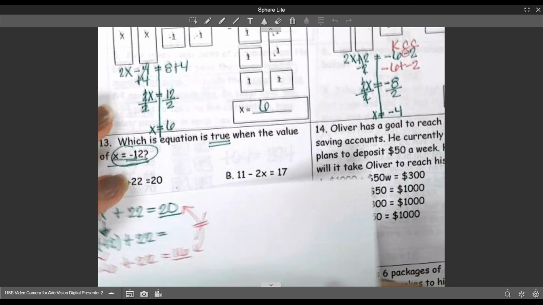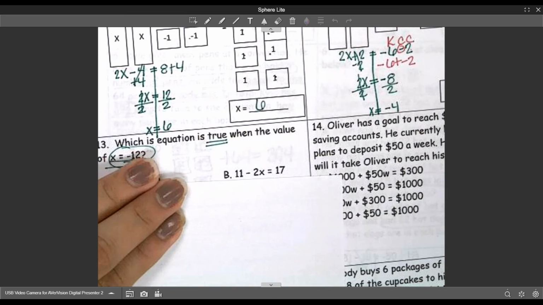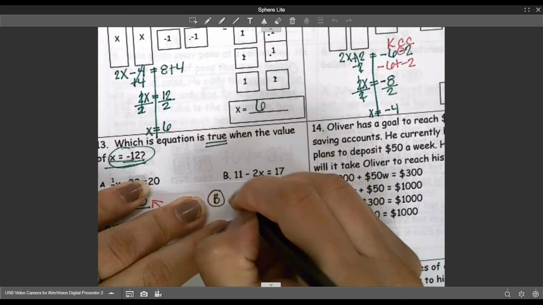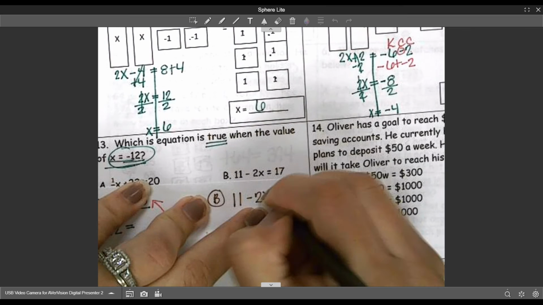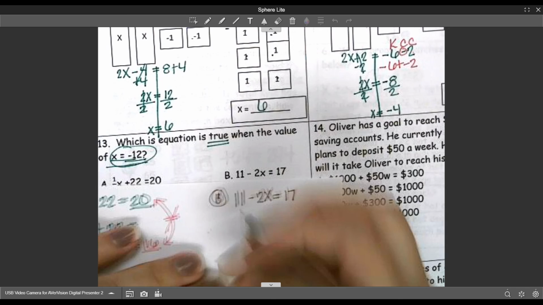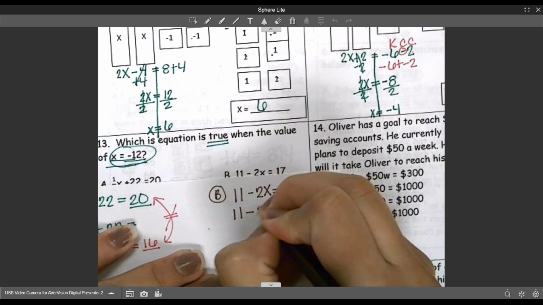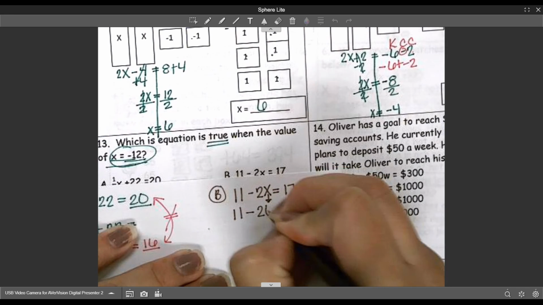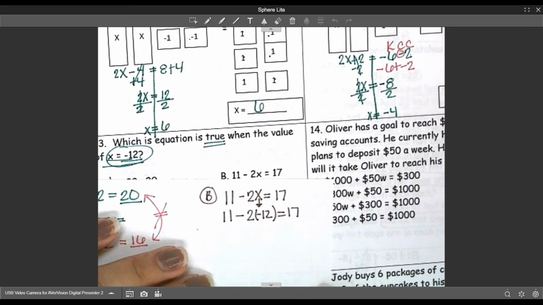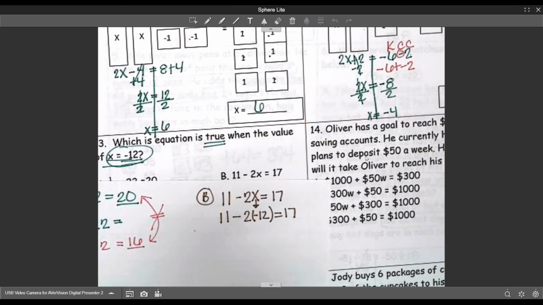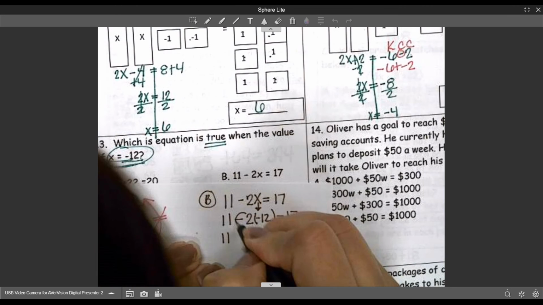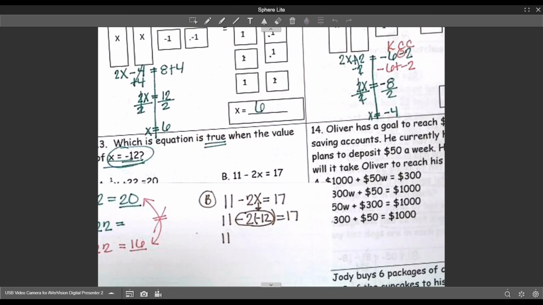I'm going to try letter B now. 11 minus 2x equals 17. I'm going to write it down again. 11 minus 2, the x becomes a negative 12. Okay. And I'm going to work it out. 11. What is negative 2 times negative 12?